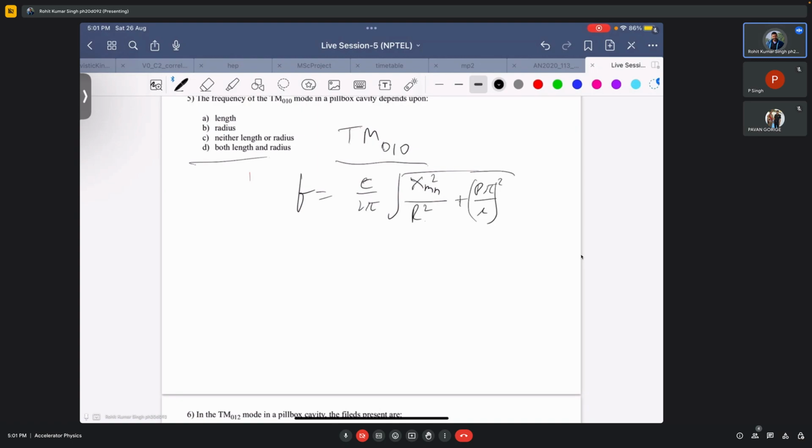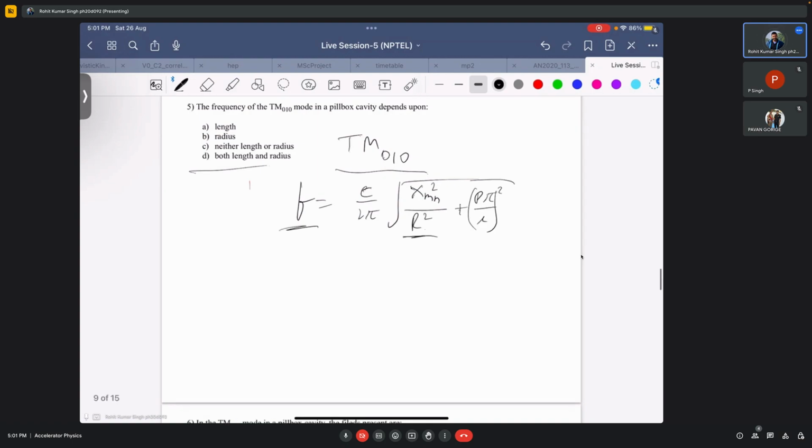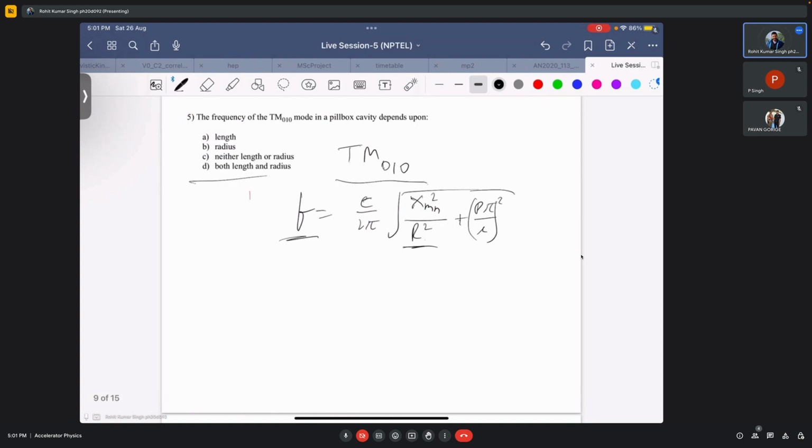As you can see, the frequency is inversely proportional to the radius of the cavity. Since it is the 010 mode, this quantity goes to 0, right? But you still have this one, so it only depends on the radius, not on the length. You just need to know the formula to get the answer.